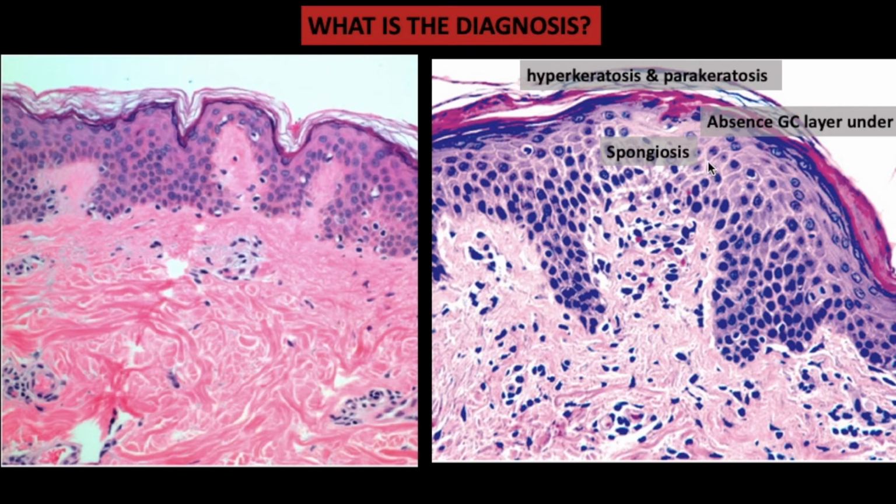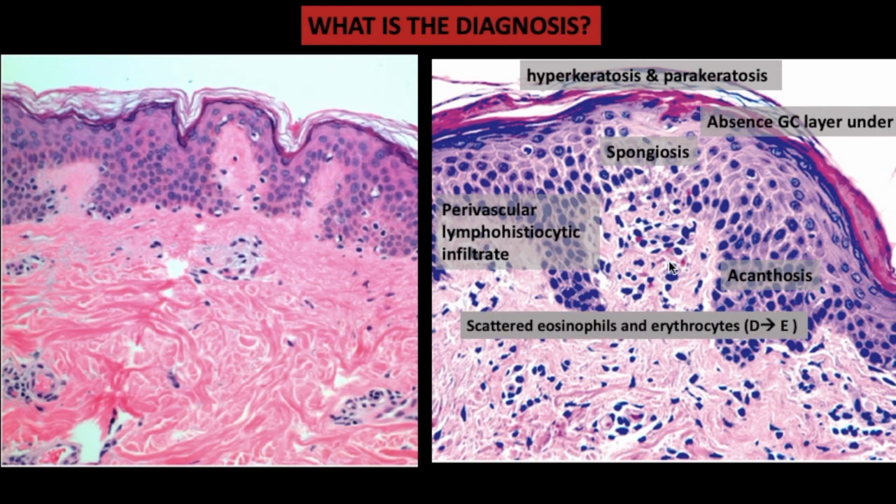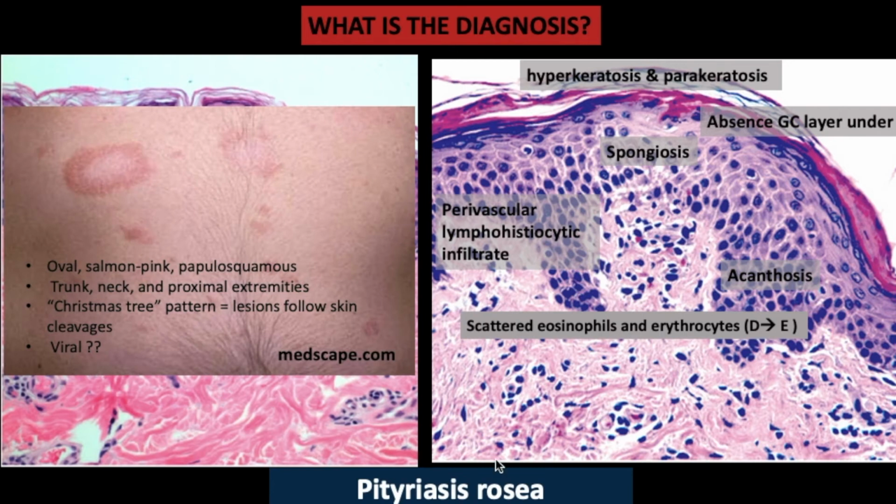In addition to spongiosis, we also have acanthosis as part of the spongiosis and the hyperplastic epidermis, perivascular lymphohistiocytic infiltrate, and we have eosinophils and erythrocytes scattered in this area that is creeping from the dermis to the epidermis. So this is an example of PR, pityriasis rosea.